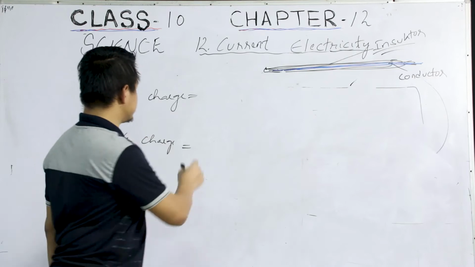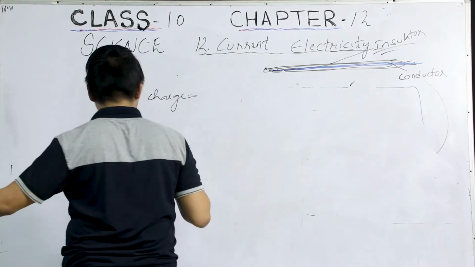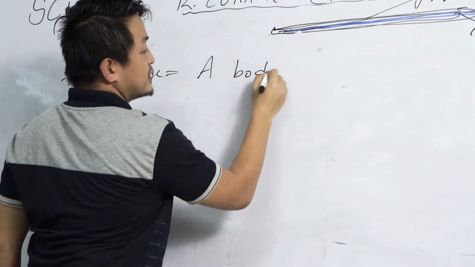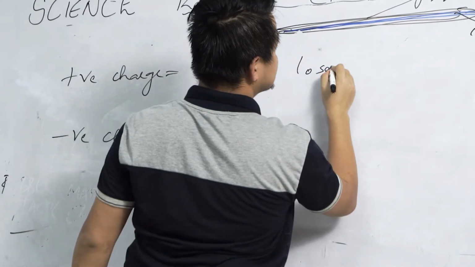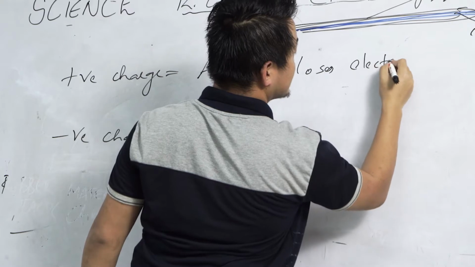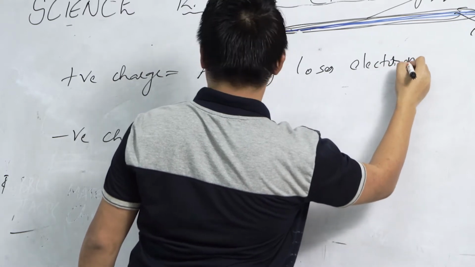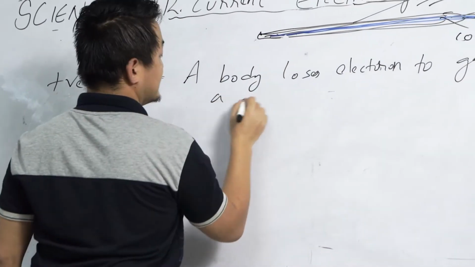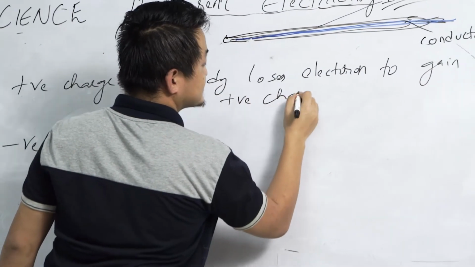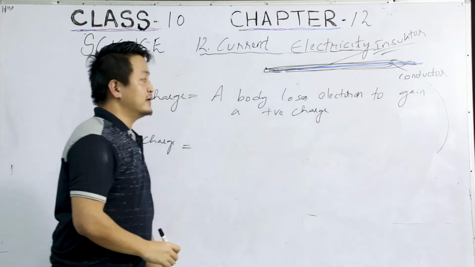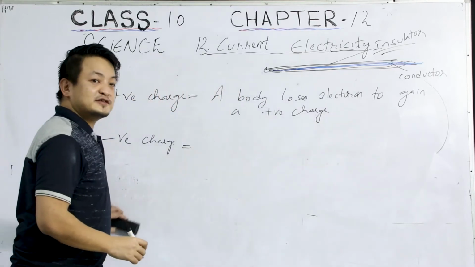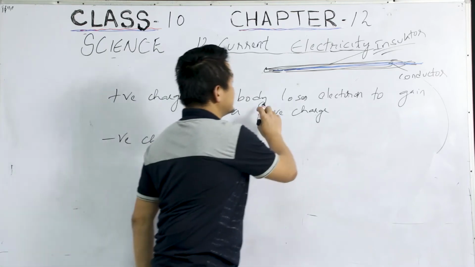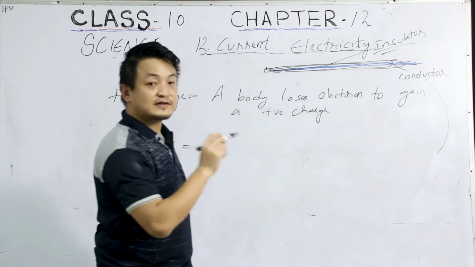Now a body loses electron to gain a positive charge. See, without this plus and minus, there won't be a flow of charge, there won't be current. So a body loses electron to gain a positive charge.